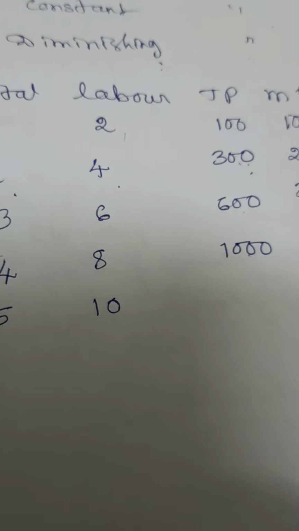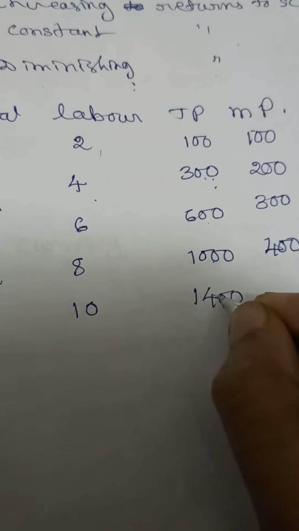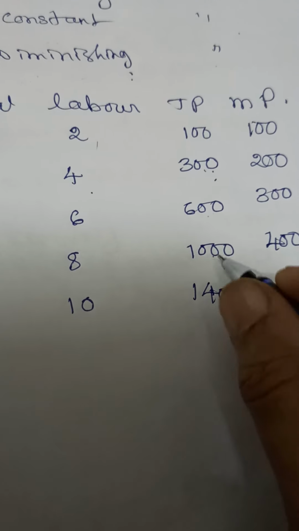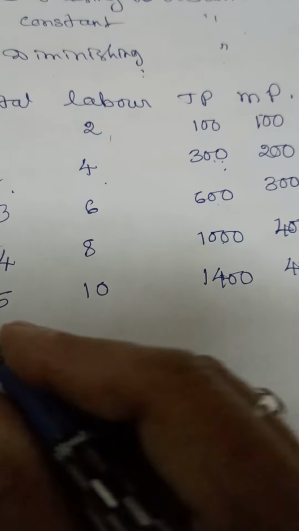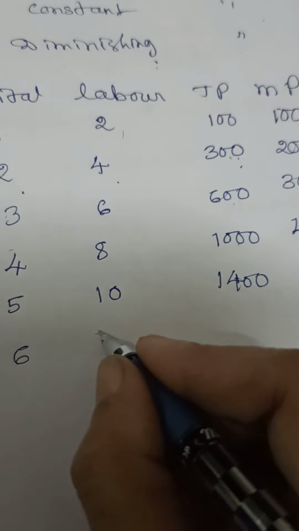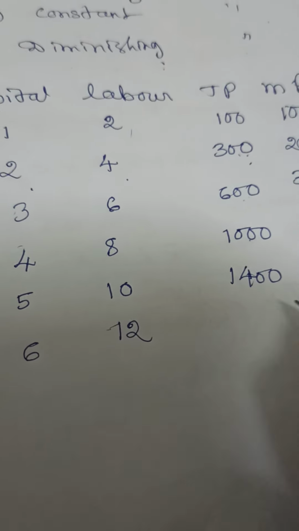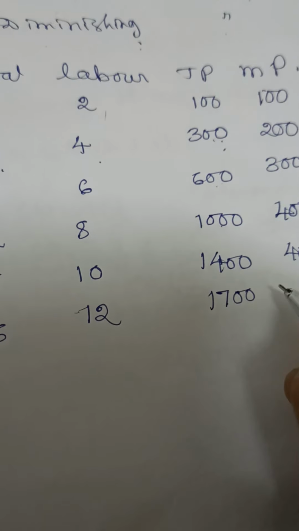Now fifth unit of capital and 10 units of labor. That gives the production, suppose 1400. What is the marginal product? 1400 minus 1000, you will get 400. 6 units of capital and 12 units of labor. Suppose you are getting 1700.